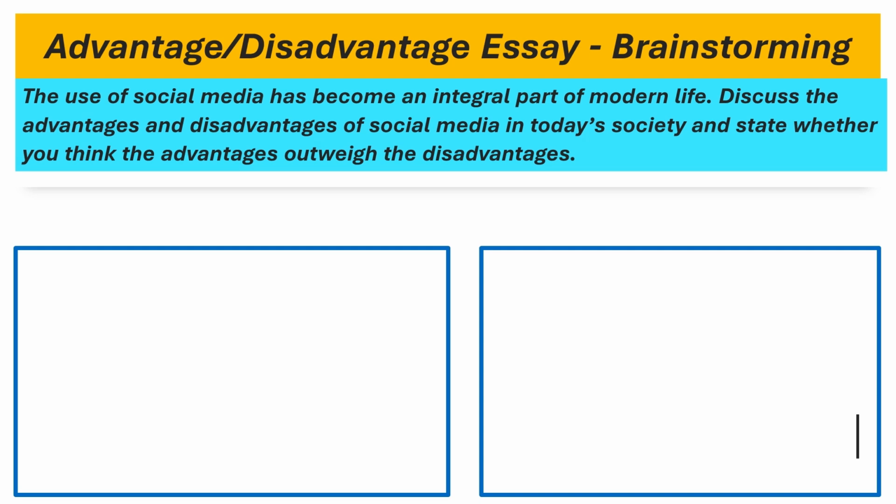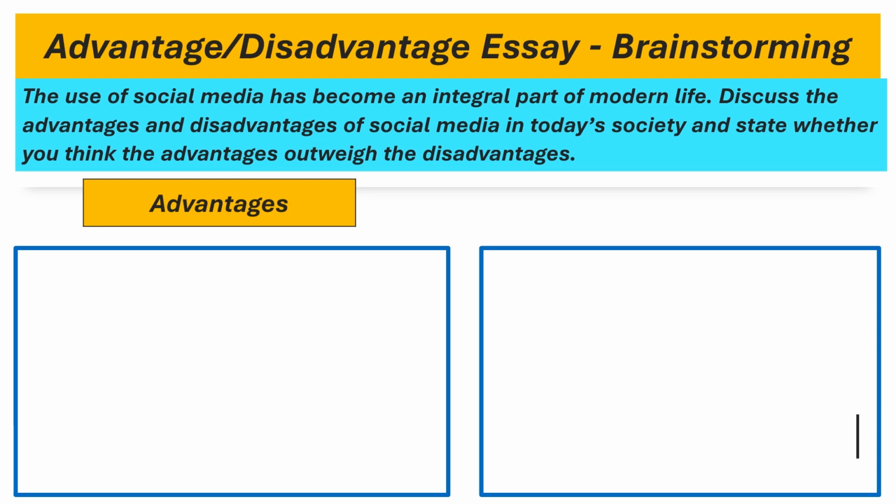Brainstorming is a useful technique that allows us to generate some key points. Since social media is something all of us use every day, we already have some knowledge about its advantages and disadvantages. Let's begin by listing the advantages of social media.